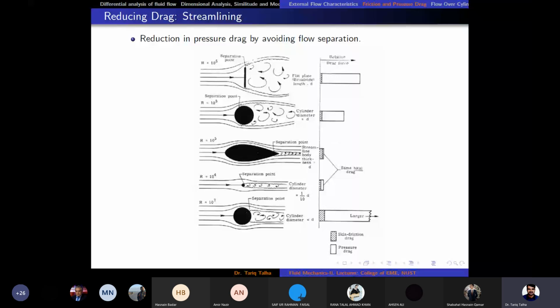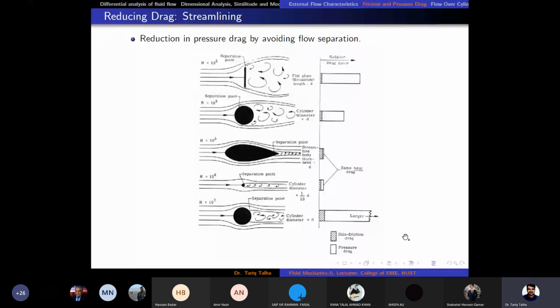Skin friction drag is only maybe 1 to 5% of the total drag, right? You can see the shaded region even here is very small as compared to the non-shaded region, the pressure drag. So in designing any object in the case of external flow, we want to reduce the pressure drag.